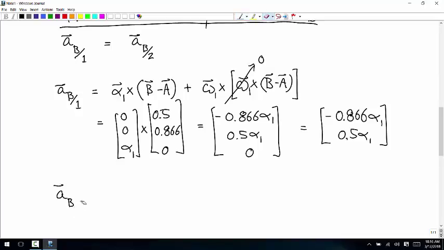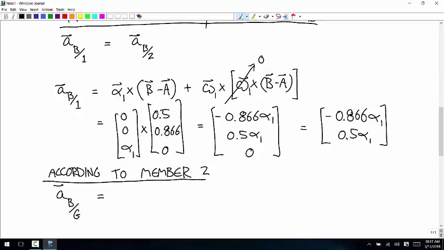So let me write this a little differently here. The acceleration of B relative to the ground, according to member 2, is equal to the acceleration of B according to the center of mass of 2 plus the acceleration of the center of mass of 2 relative to the ground.